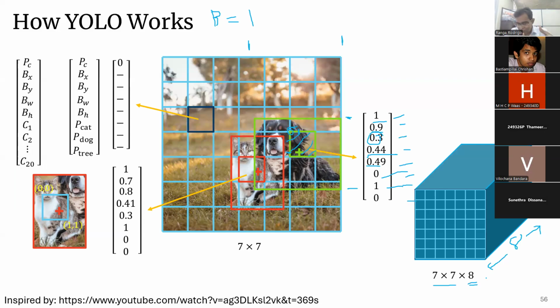Irrespective of the number of objects in that image, you output that structure in YOLO, right? I hope this point is clear.